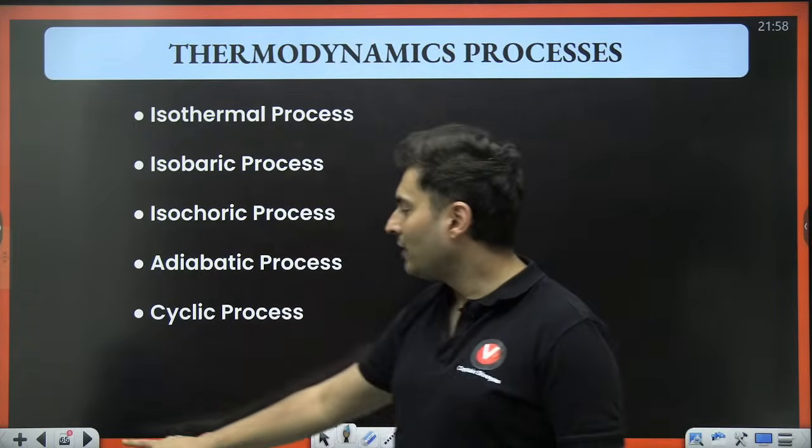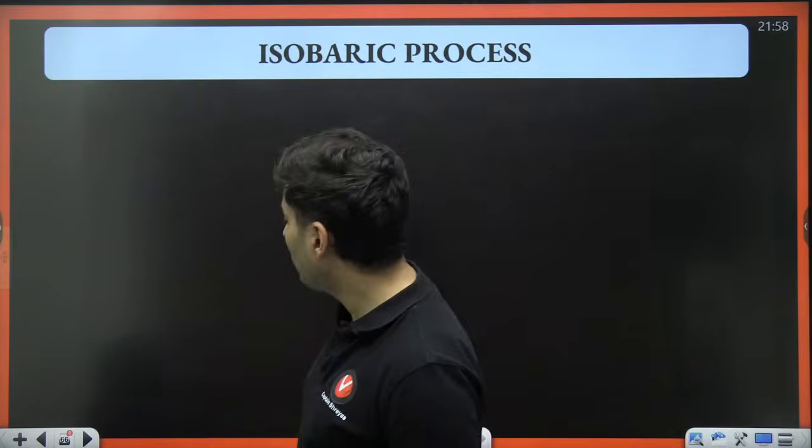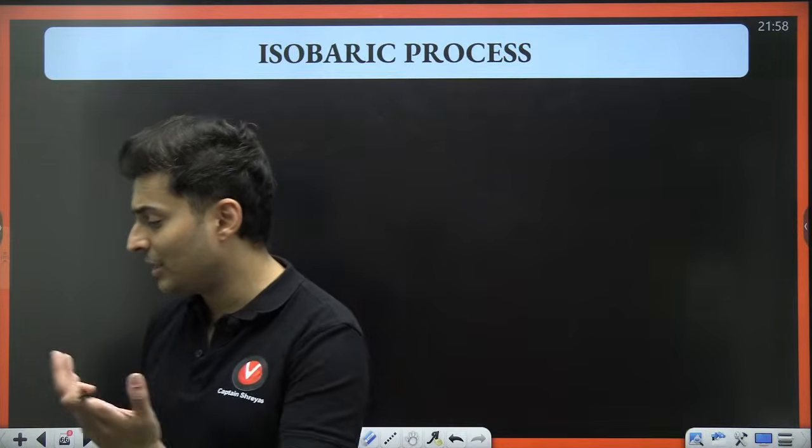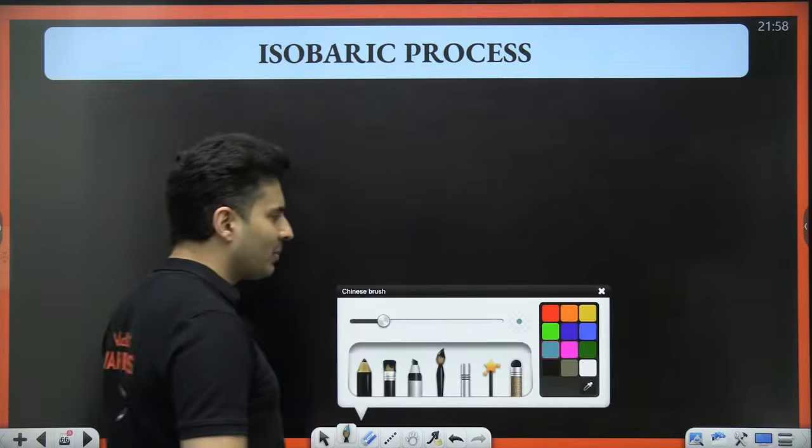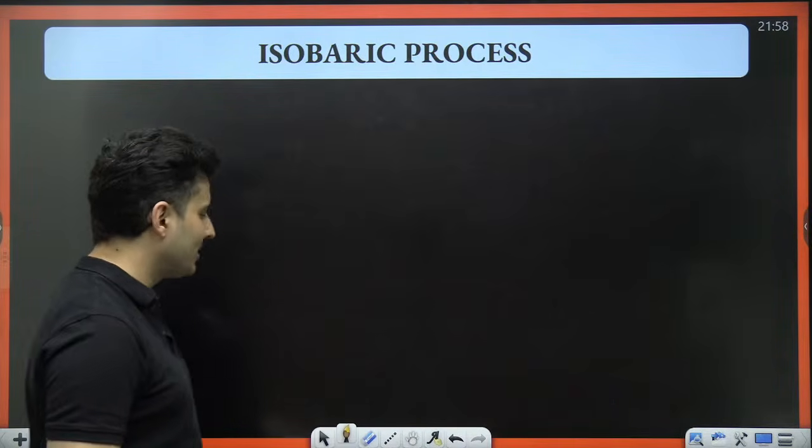Let's start with the isothermal process. Sorry, I think it is isobaric first. Let's start with isobaric. What is this isobar? Bar is pressure, so isobar is constant pressure.